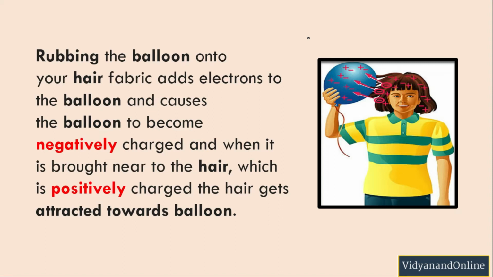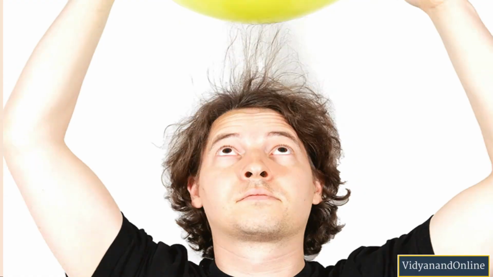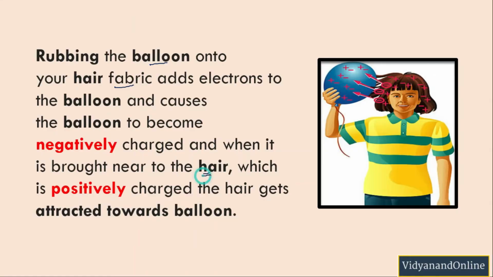In the second experiment, you saw that when the balloon was rubbed against the hair, your hair got attracted towards the balloon. So why is it so? Again, your hair strands are made up of atoms, and these atoms consist of electrons, protons and neutrons.